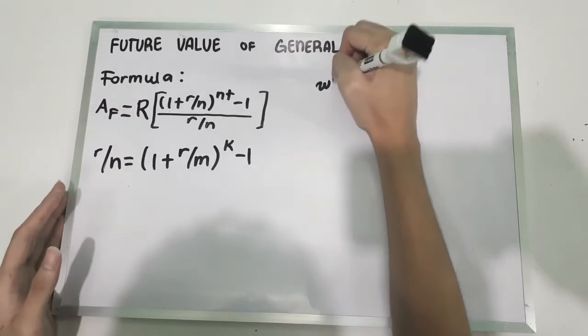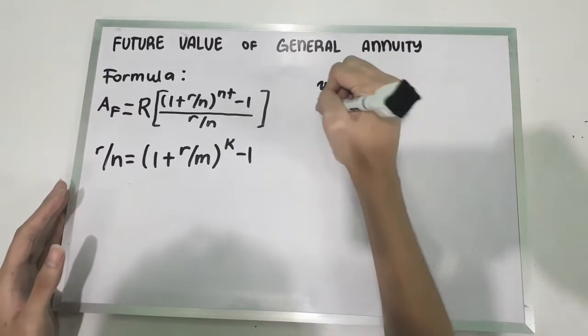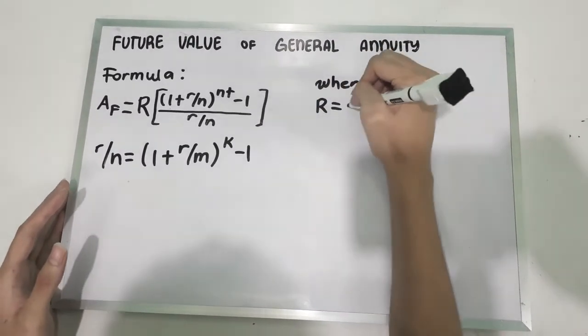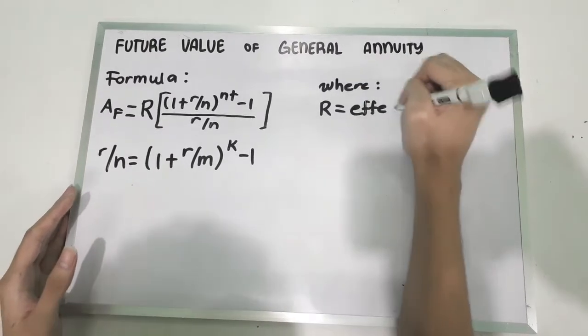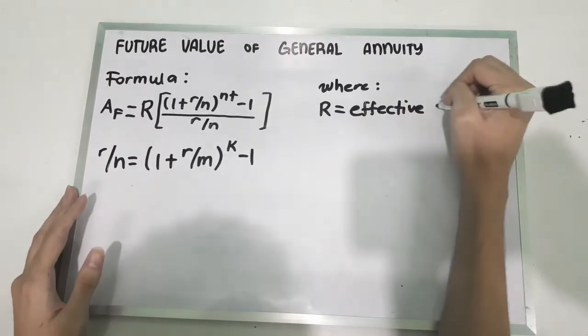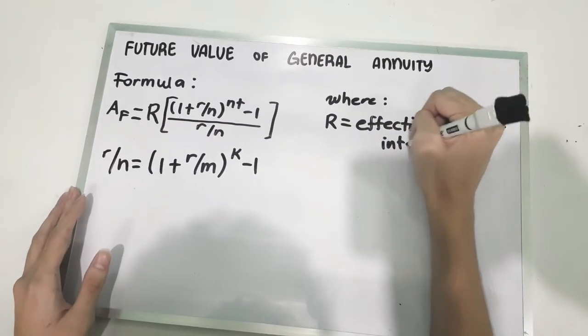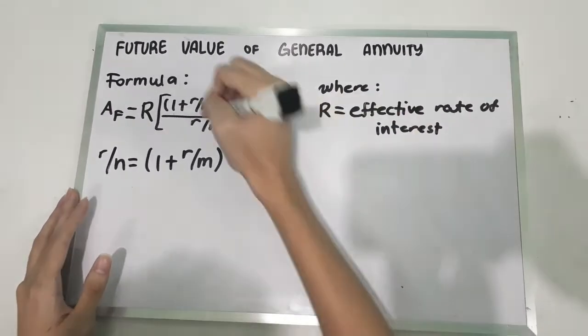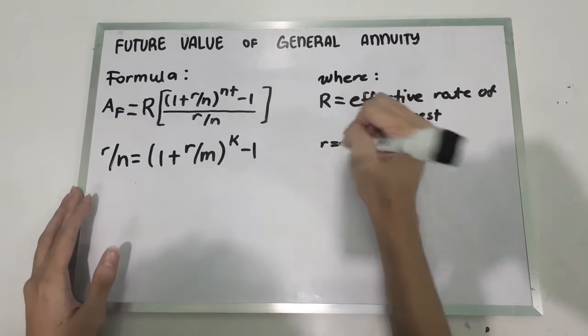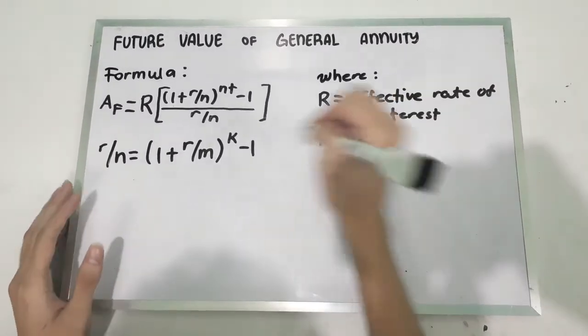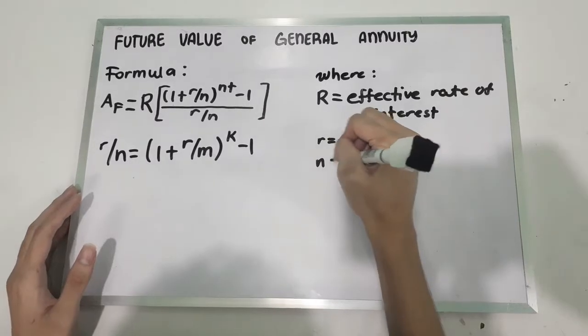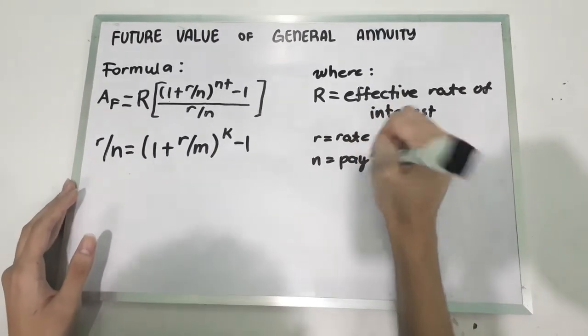The capital R is the effective rate of interest. The small r is our rate. The N is the payment period.